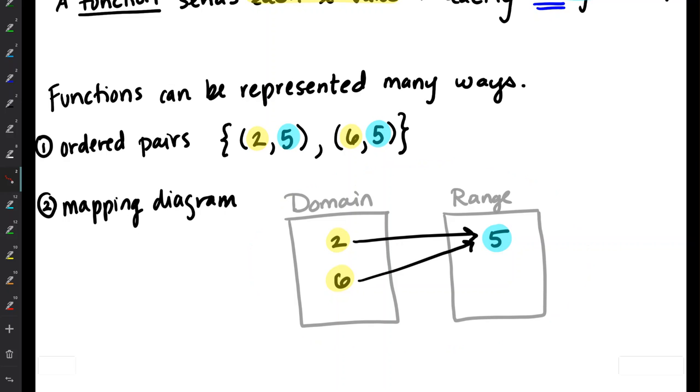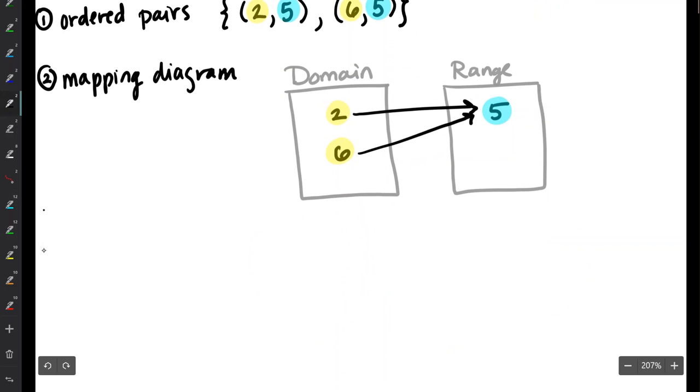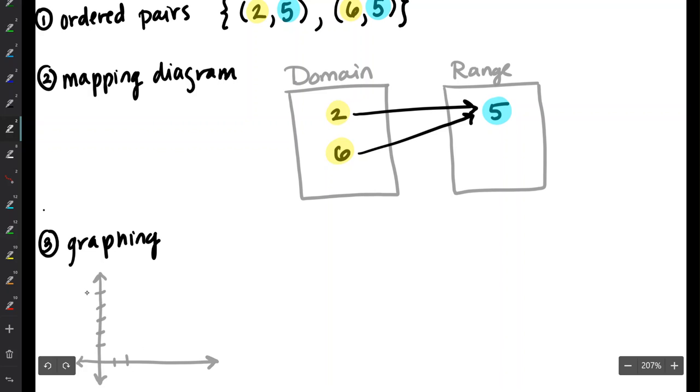You can also graph the ordered pairs. Right? We could represent it by graphing. And we can do this one, but I want to do another one that's continuous. 2 to 5 and 6 to 5 as well. Just do a little quick sketch. 2 is going to 1, 2, 3, 4, 5, and so is 6.